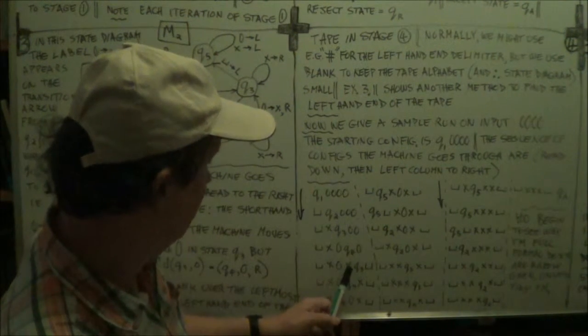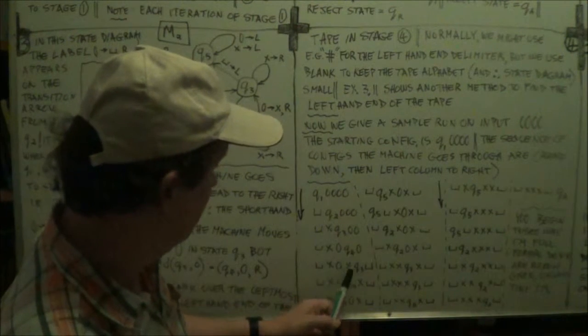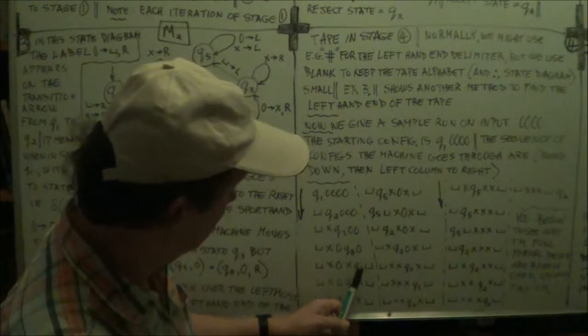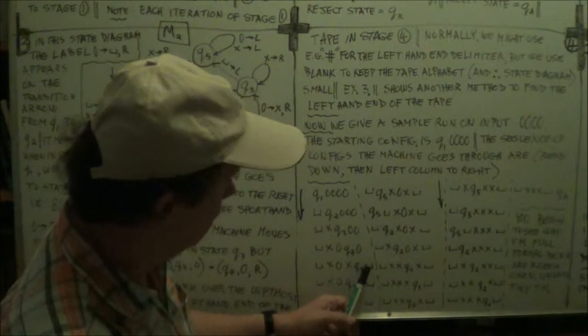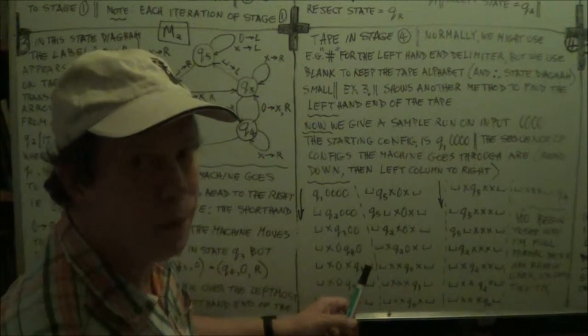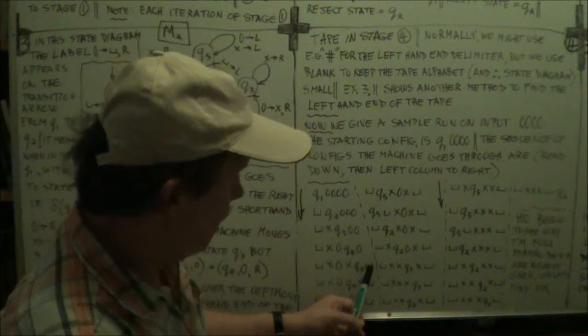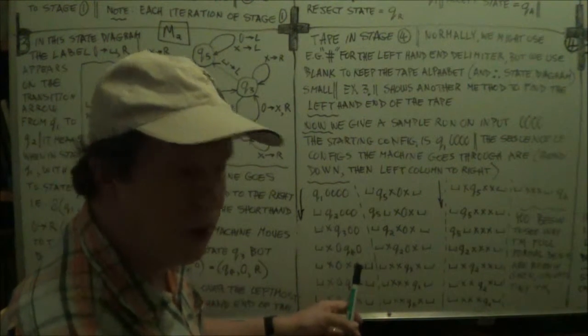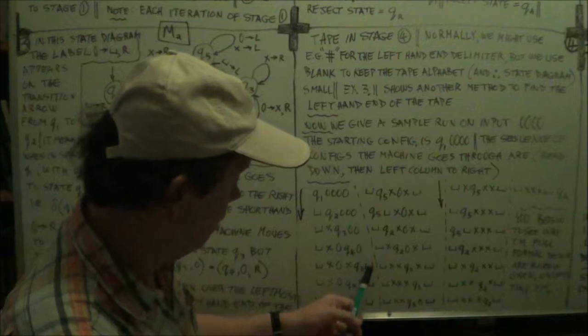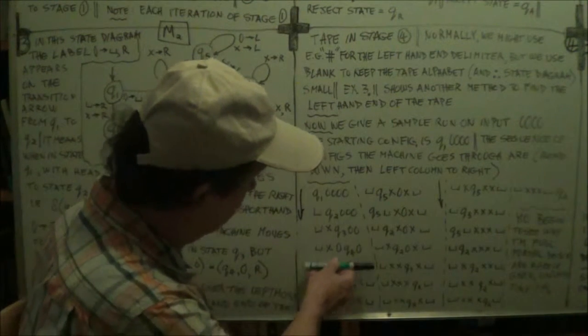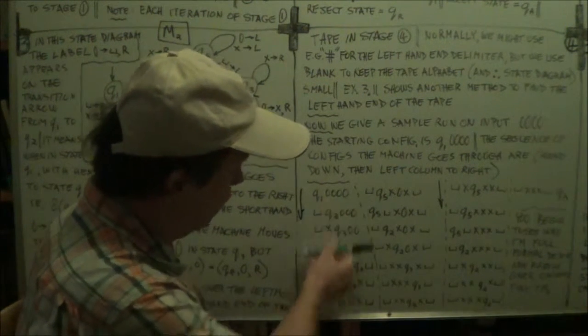We cross it off, and then go to Q3. But now what we're reading is the blank. So we know we're at the right-hand end of the string. Okay? And once we do that, we know the next. So you could call that a stage, if you like.